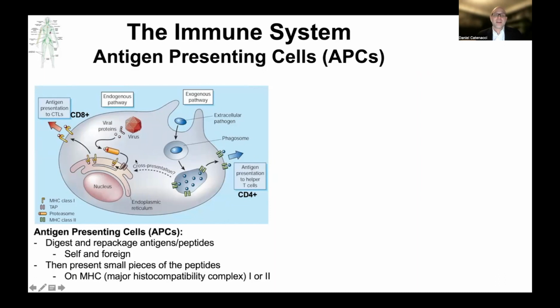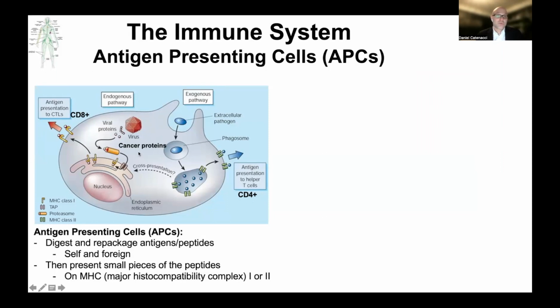On the flip side, all of our cells have the capability of expressing internal peptides called the endogenous pathway. And so all of our normal cells are taking degradation products of all of our normal proteins, expressing them on MHC Class 1 to our T cells. And if our cell is either infected by a virus, viruses get into our cell and live inside our cells. And so those viral proteins, as they're making them, can get digested and expressed on the surface.